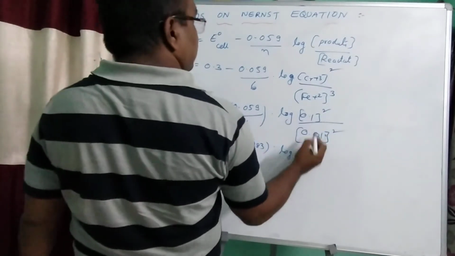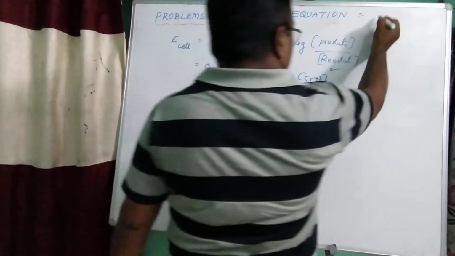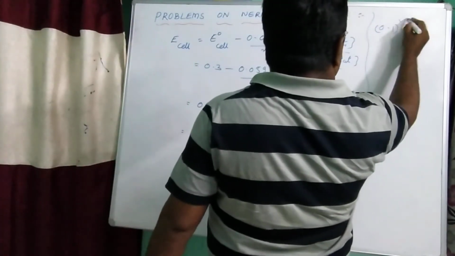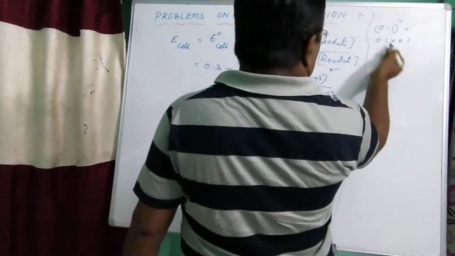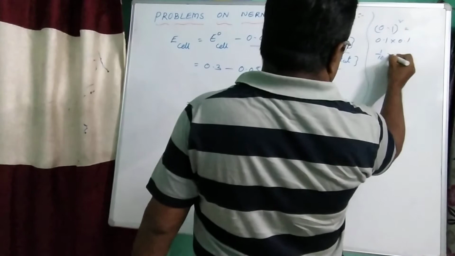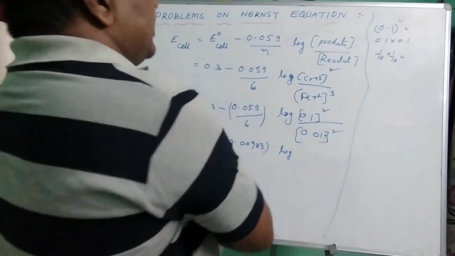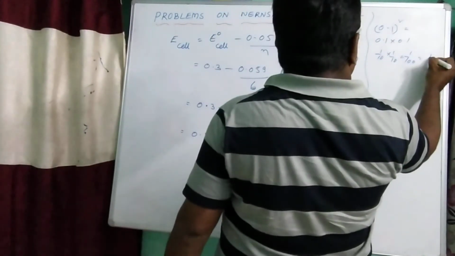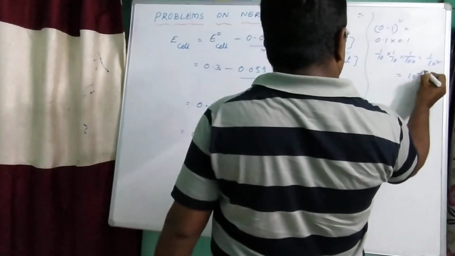Let me take this value 0.1 whole square by 0.01 whole cube. We write 0.1 whole square as 0.1 into 0.1. 0.1 we write as 1 by 10 into 1 by 10, that is equal to 1 by 100. 1 by 100 we write as 1 by 10 square, that is 10 power minus 2.